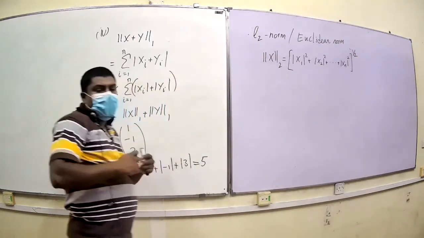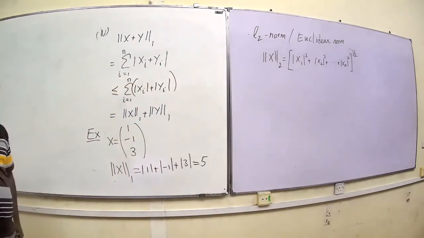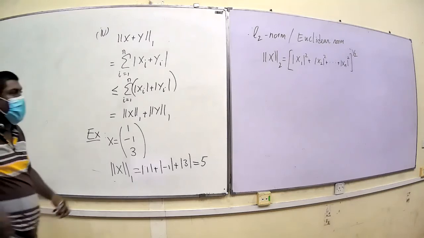You take the absolute value of the individual terms, sum them together, and then take the square root, the power of one half.